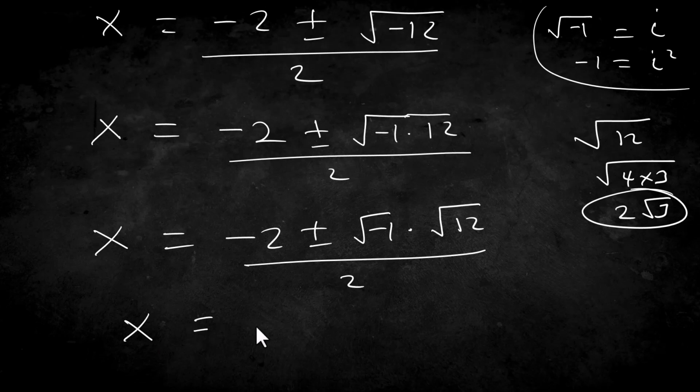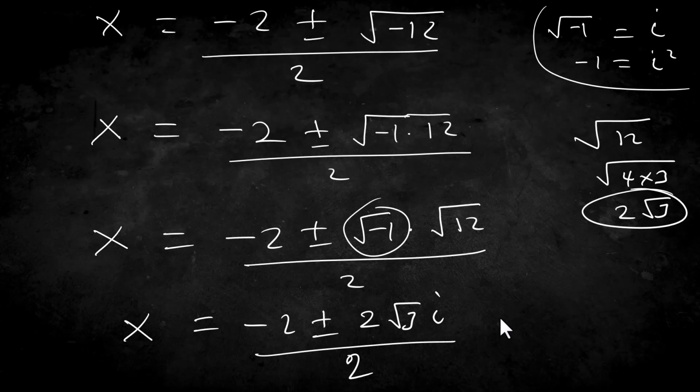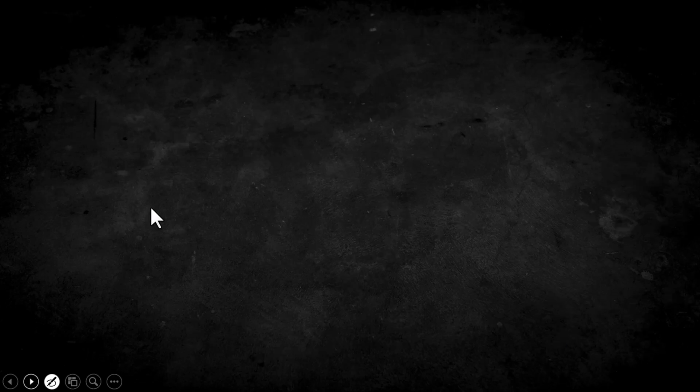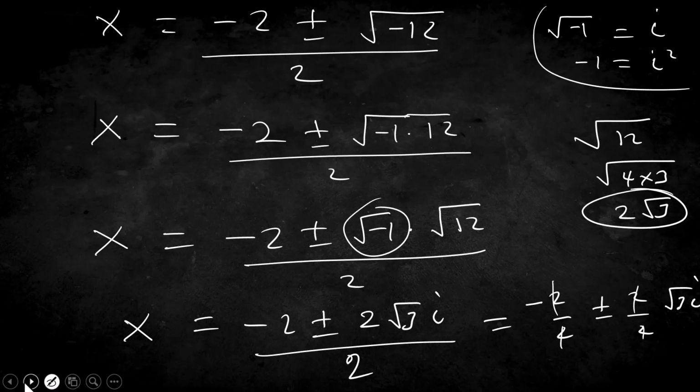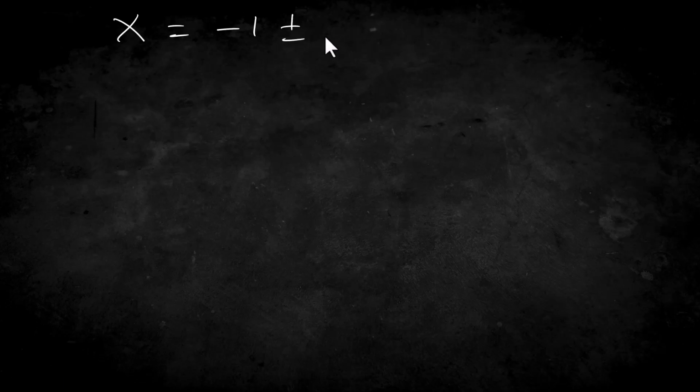So we have minus 2 plus or minus 2 root 3 i over 2. So we have minus 2 over 2 plus or minus 2 over 2 root 3 i. So this side will cancel, making minus 1. So x is minus 1 plus or minus root 3 i.